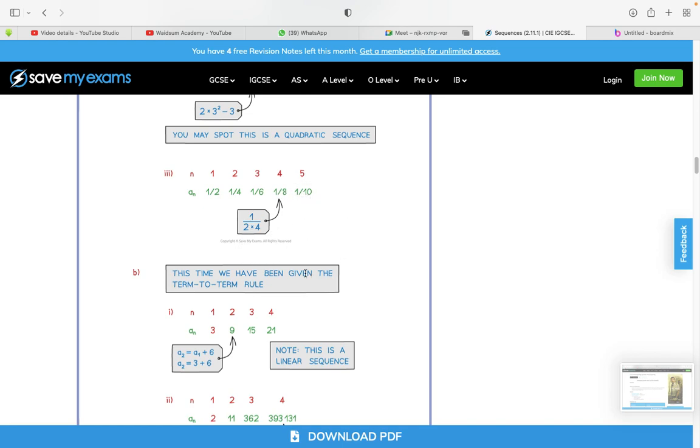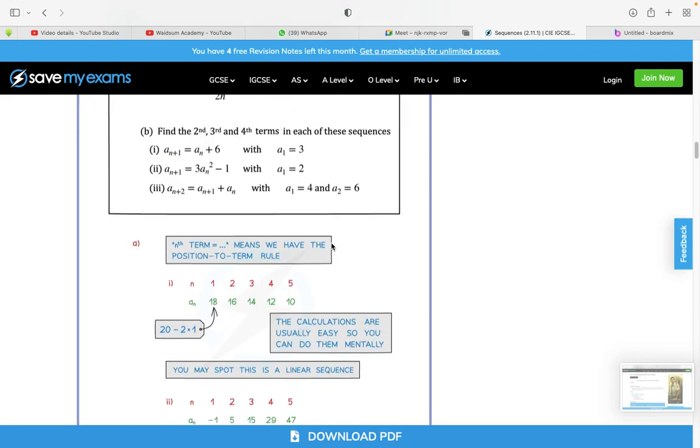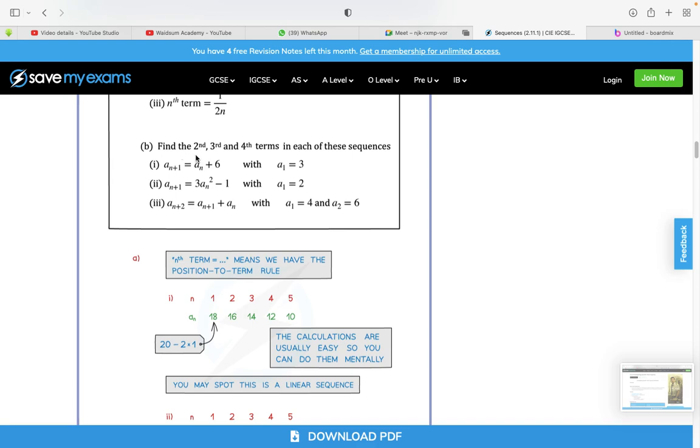The second question was, let's take a look at the question. The second question was to find the second, third, and fourth terms in each of these sequences. You see A n plus 1, this is a term to term rule.